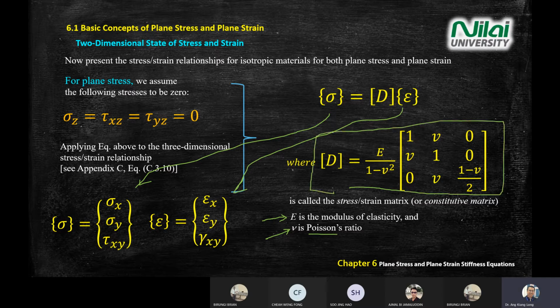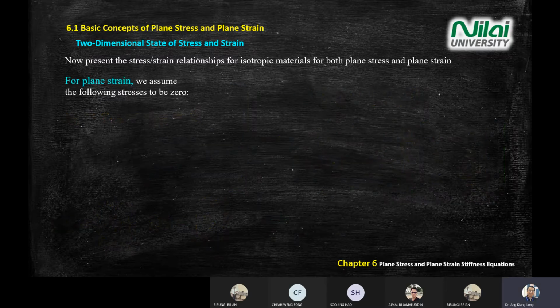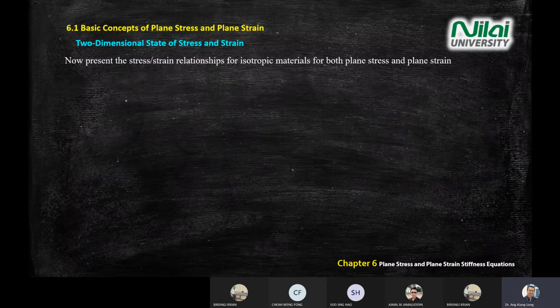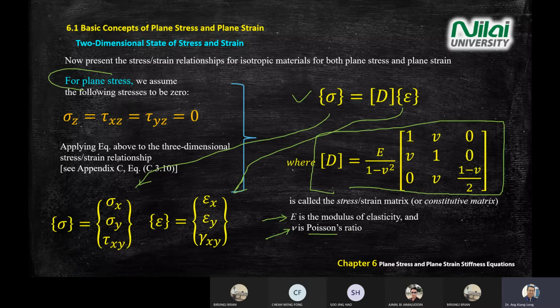So this slide is important. This equation will help you to solve chapter 6 questions. Just now it was about stress. When you want to find stress, you refer to these slides using the equation you see on the screen.